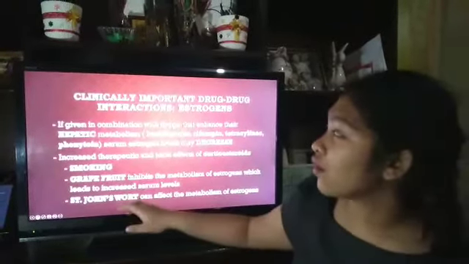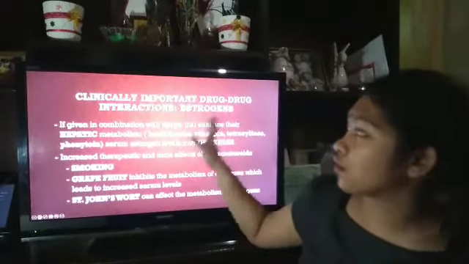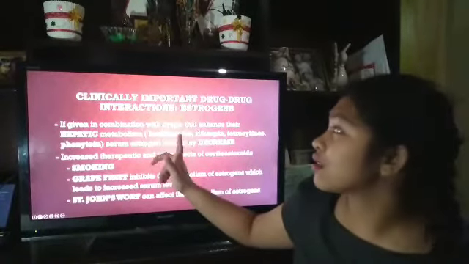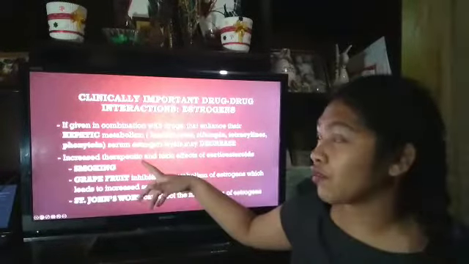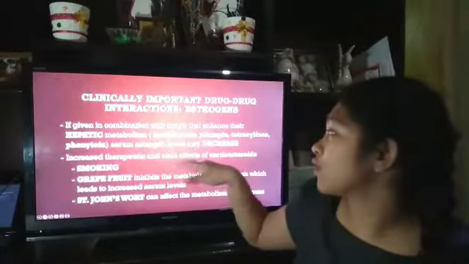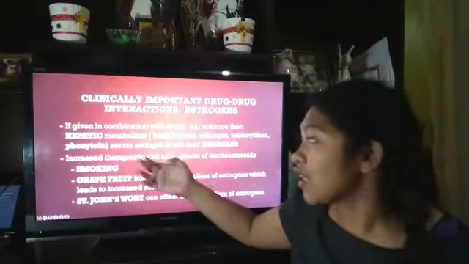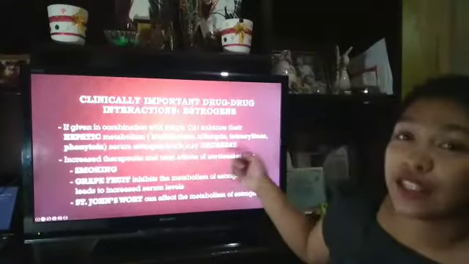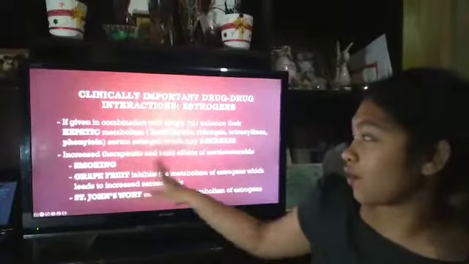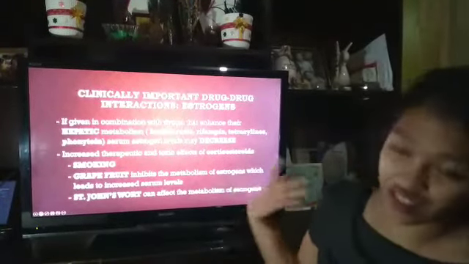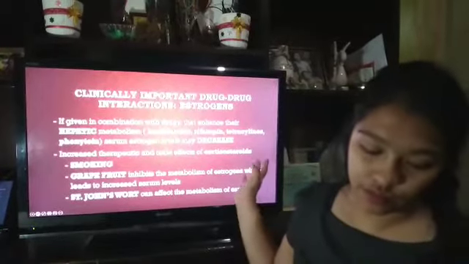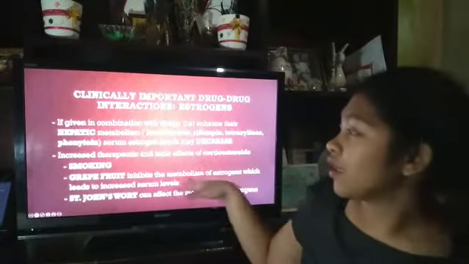Now the clinically important drug-to-drug interactions: if estrogen is given with drugs that enhance hepatic metabolism, like barbiturates, rifampin, tetracycline, etc., serum estrogen levels may decrease. It can increase the therapeutic and toxic effects of corticosteroids, or steroids that can be produced by the body or man-made.